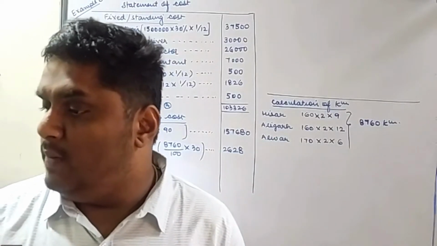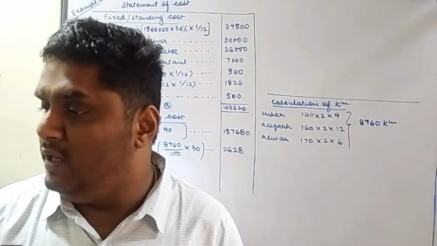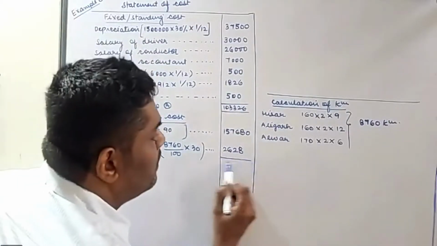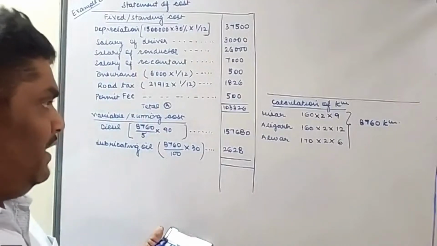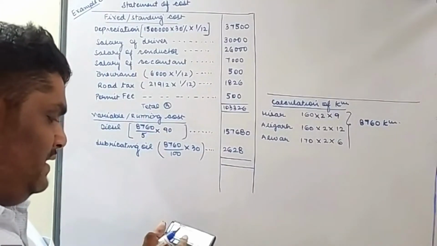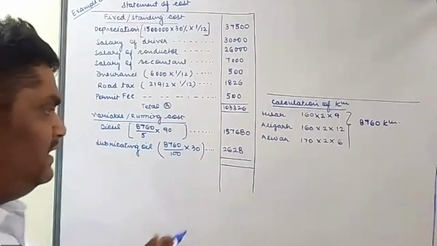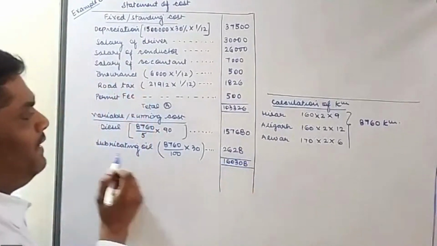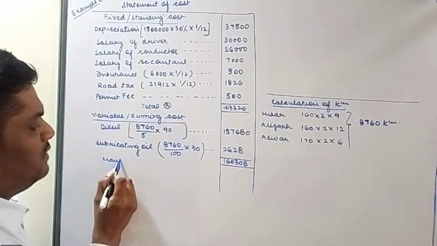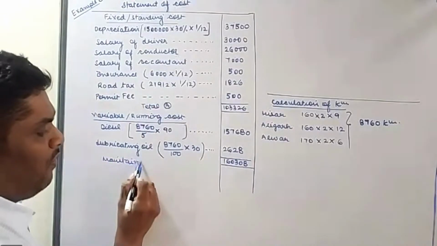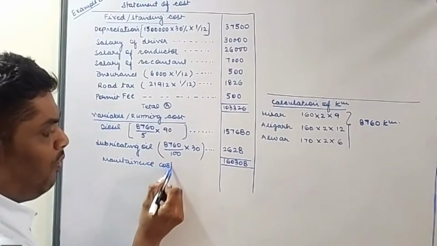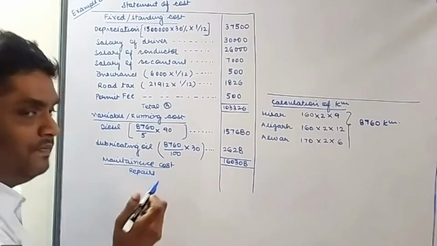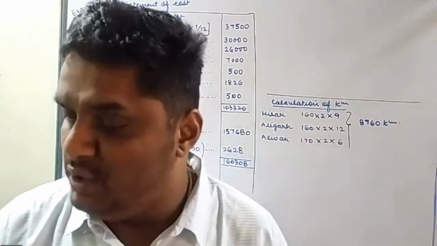Very good, Neeraj, Almas, Samrendra, Rohan. Very good, guys. Very good, Gurmeet. So my total variable cost will be 157,680 plus 2,628, that is 160,308. Now, next is maintenance cost. So repairs and maintenance is given in the question.